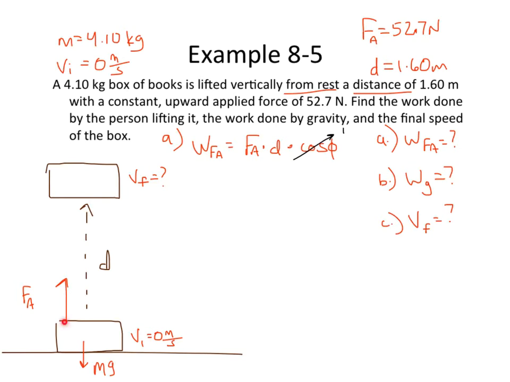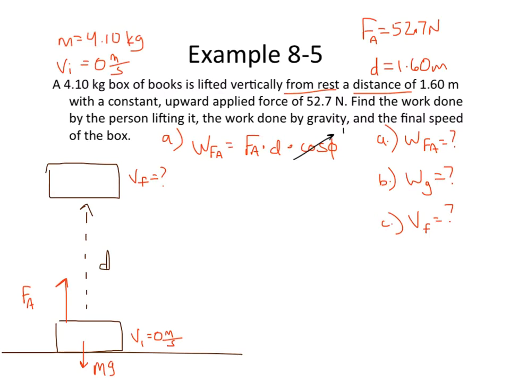So the fact that our applied force is exactly in the direction of motion means the angle between them is 0. From here we can pretty much ignore that cosine of 0 because it's 1.